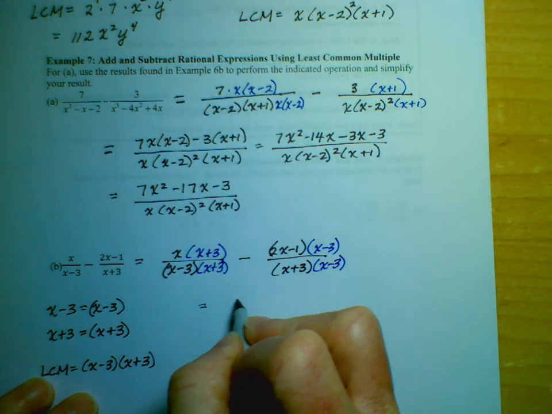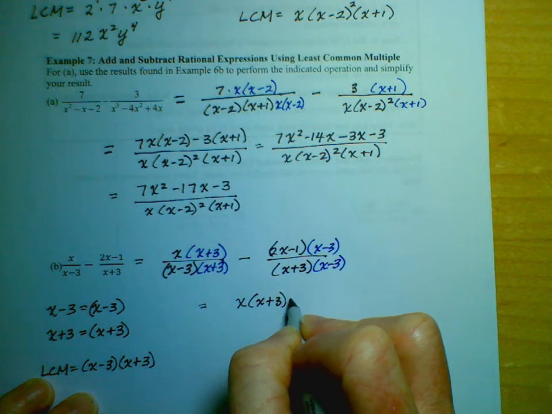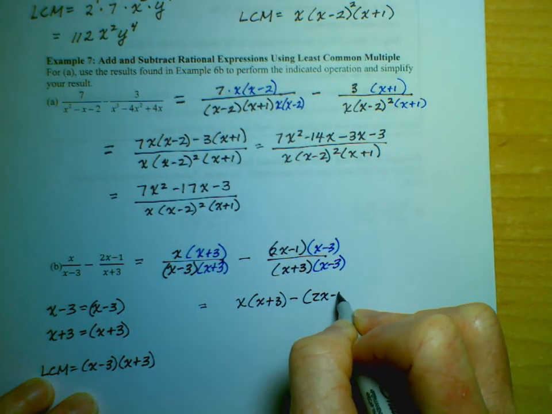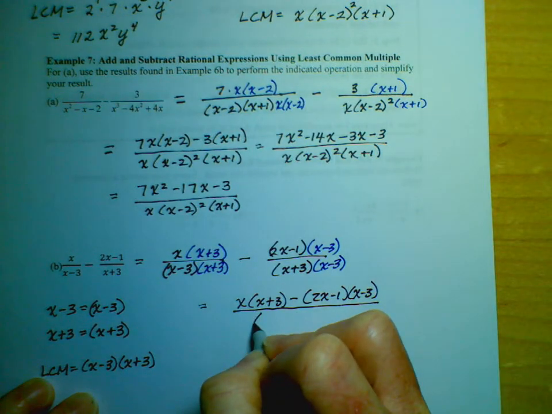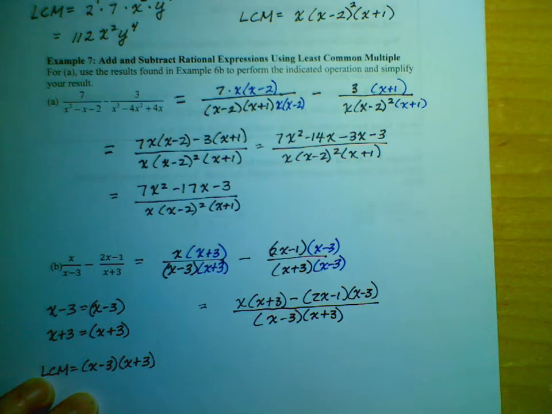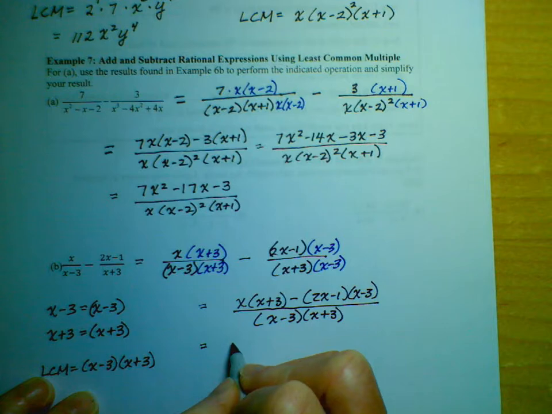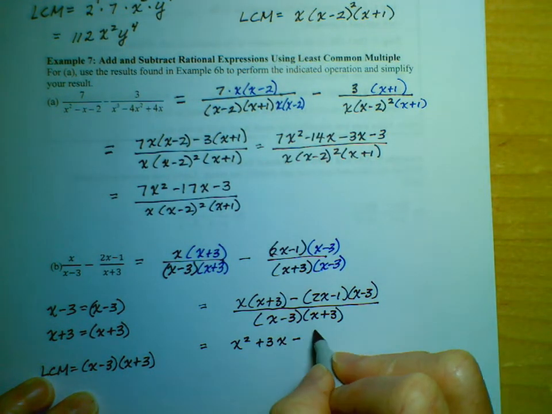So as we did before, what's on the top? X plus 3 minus 2x minus 1, x minus 3, all over x minus 3, x plus 3. So we've got to FOIL these two, distribute here, combine like terms, see if we can factor and simplify this thing. Okay, so I'm going to distribute. And here I'm going to be really careful.